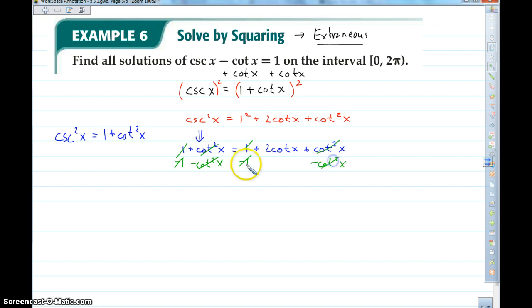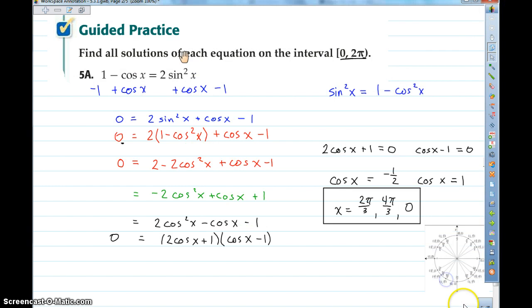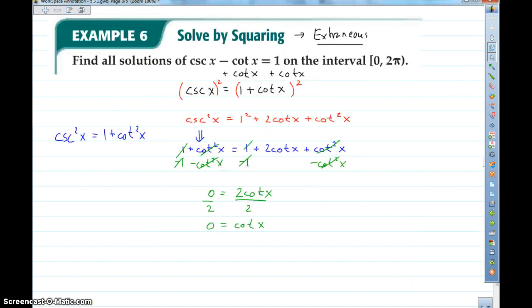So on one side of my equation, I'm just left with a 0, and on the other side I have 2 times cotangent of x. So when we divide the 2 over and try to solve for cotangent, we're looking for when cotangent of x is equal to 0. So let me go back and get my unit circle. I got it right here.